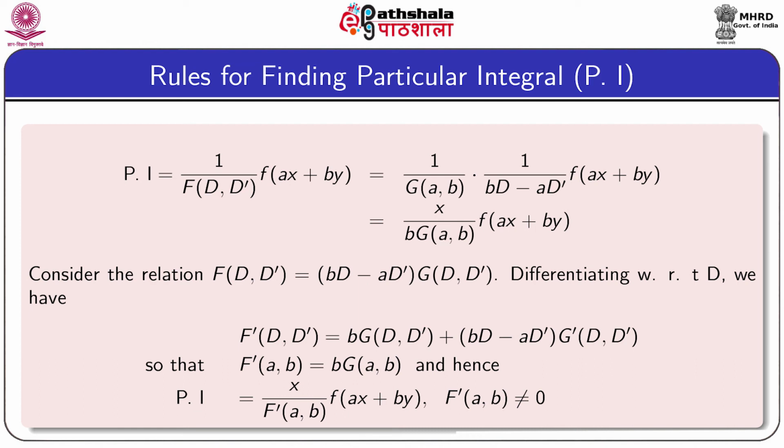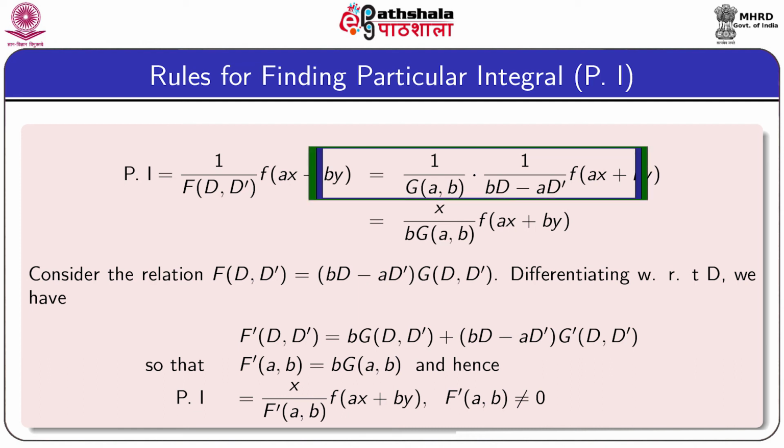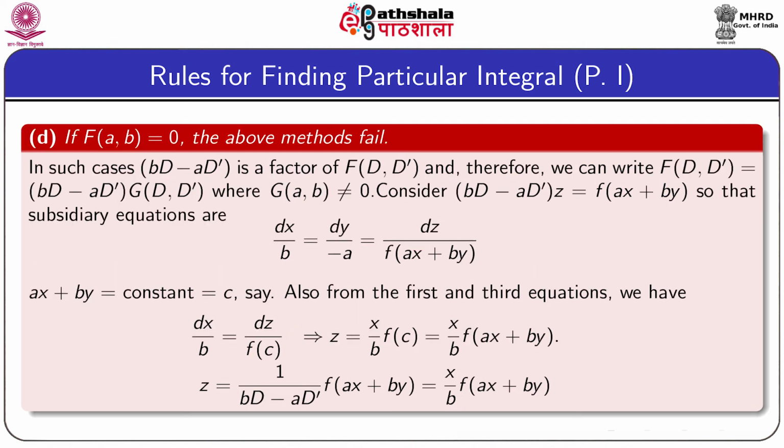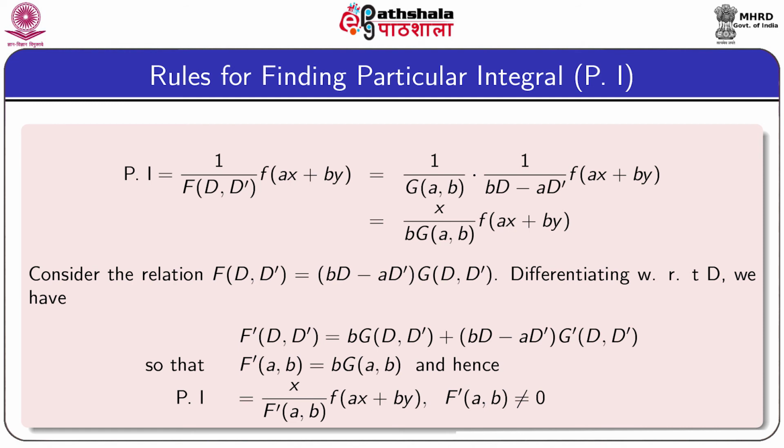So, we obtain the expression 1 by G(a, b) into 1 by (bd minus ad dash) operating on small f. And now, we need to apply the previous concept where we obtained the solution of (bd minus ad dash) z equals f. Using that concept, we can write this expression as x by b into f(ax plus by).